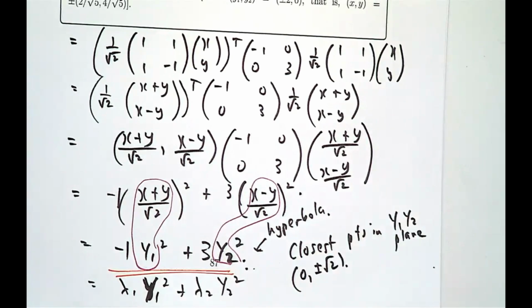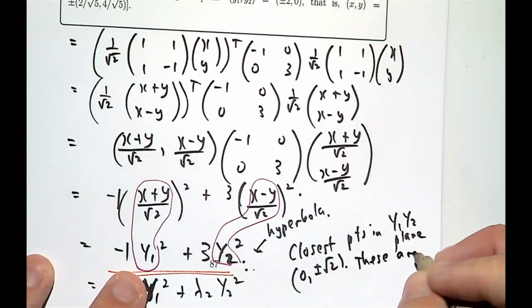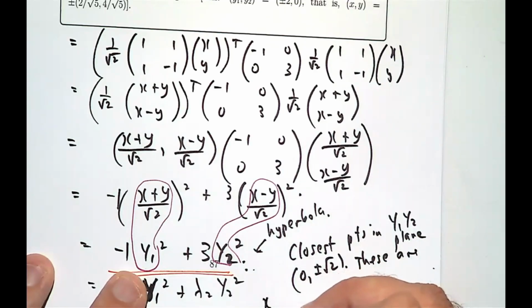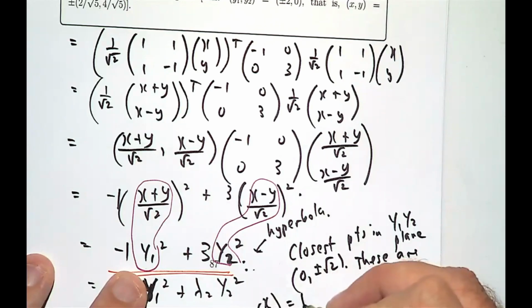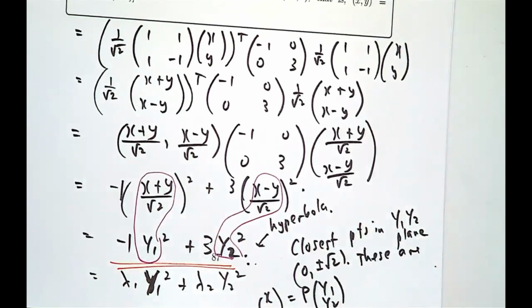Okay, so now we want to get that back into the original coordinates. How can we do that? Well, in this situation, we can use our matrix P to get us back.